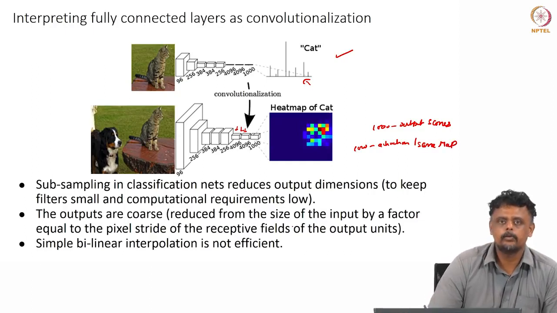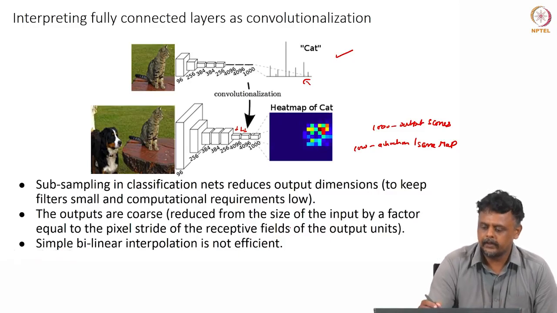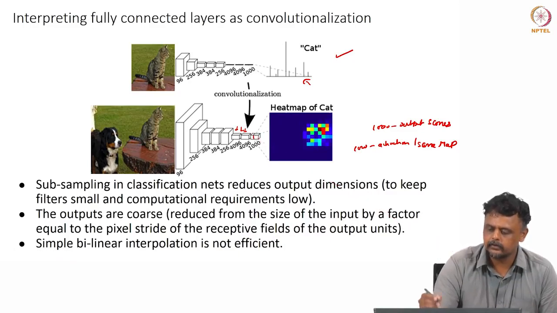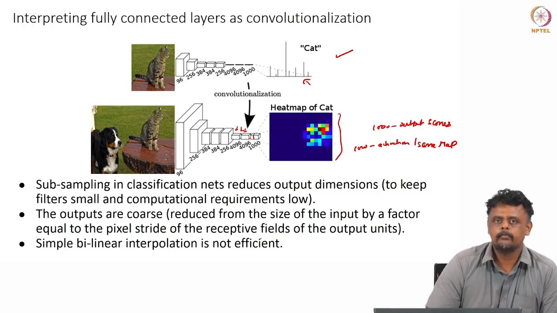Each of these 1000 outputs is itself like a feature map which contains the probabilities assigned to every pixel. So if we take a slice of this 1000 and look at it, this is what is shown here. It will be like an image wherein the values show the probability of every pixel being a cat.